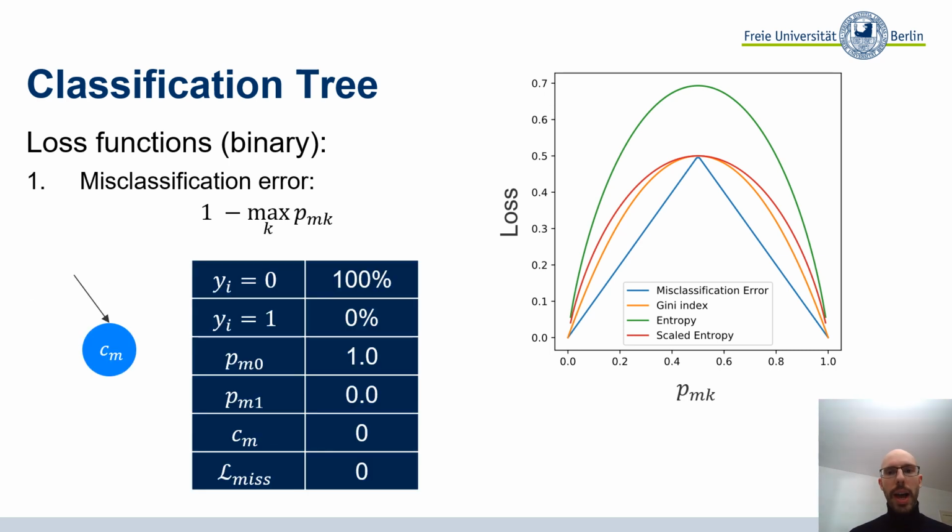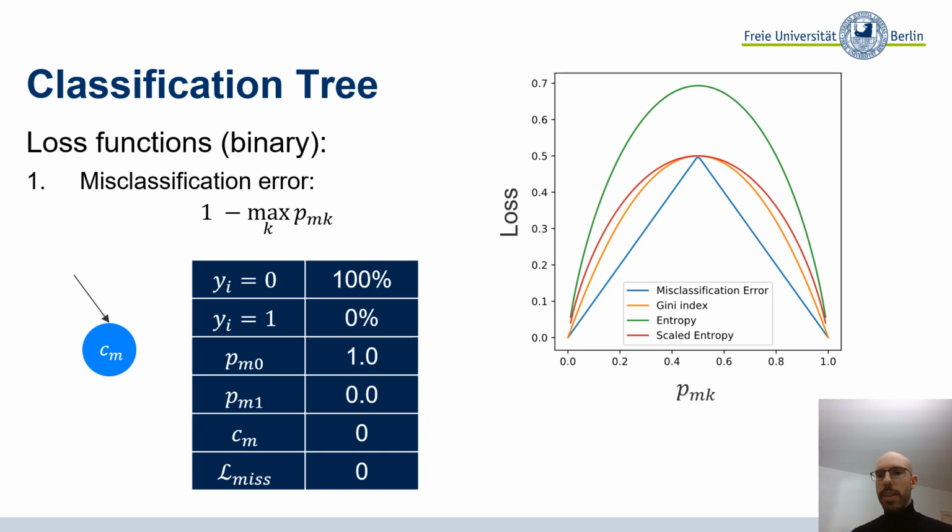So what we notice is that for all these loss functions, as we increase PMK, our loss initially increases, then we hit the maximum of 0.5, and then our loss starts decreasing again. So we have a symmetry around 0.5.